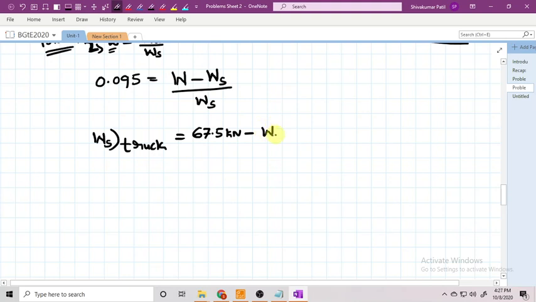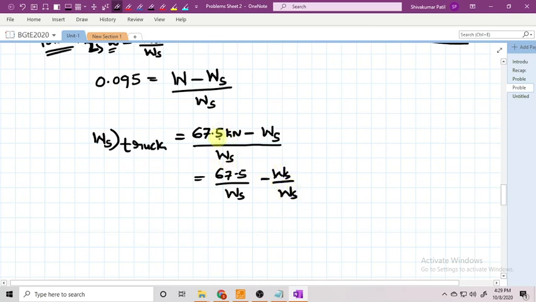So this is the weight of solids in the truck divided by the weight of solids in the truck. If you simplify this, it is 67.5 divided by weight of solids minus weight of solids by weight of solids.